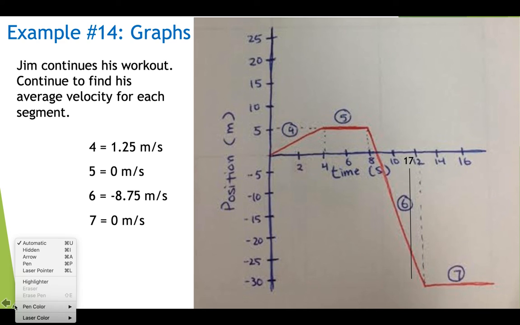Okay, so if we're asked for the speed or velocity of an individual segment, we take the slope of that line. If we're looking for the average velocity for the entire path of motion, so let's say that this question instead asked for the average velocity from segments 4 to 7, we would have to use the average velocity equation instead.